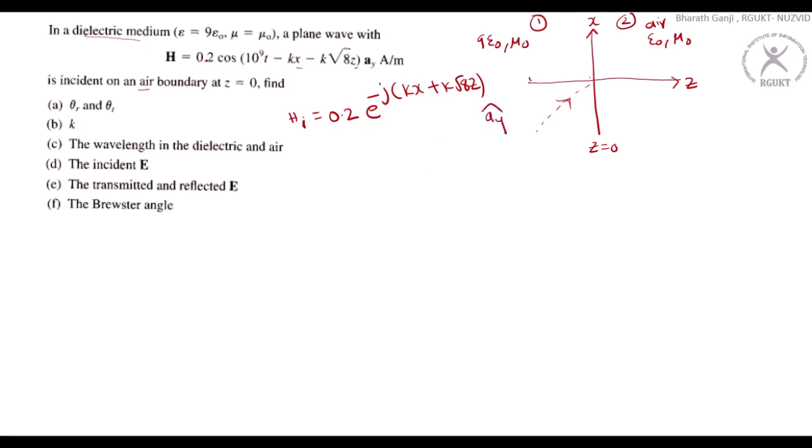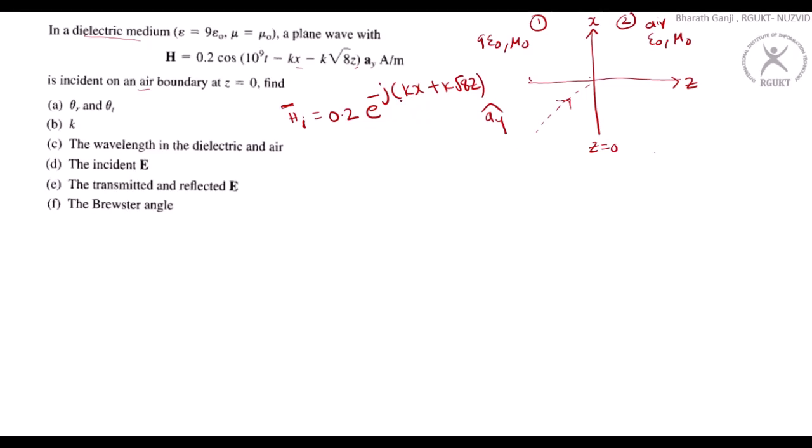What I have done here is, you can always write that as 0.2 real part of e power j times (10 to the power of 9 t minus (kx plus k root 8 z)) times ay cap. Here you neglect the real part and e power j omega t, and that is when you get the phasor format. So this is your phasor format expression for the magnetic field.